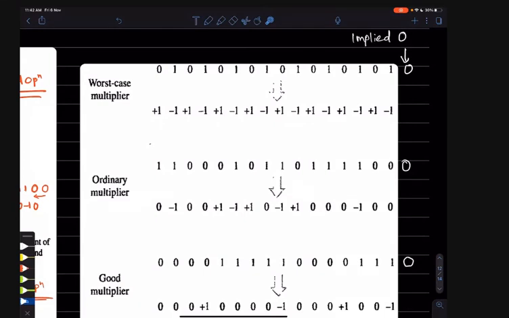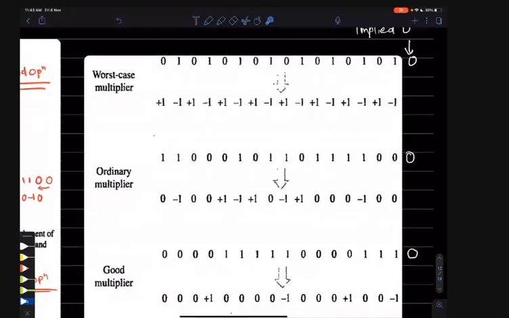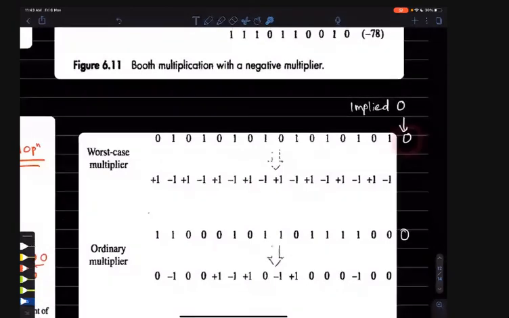Okay, so that is the worst case multiplier. And all the time you remember that there is an extra zero on the right side whenever you do the coding scheme.